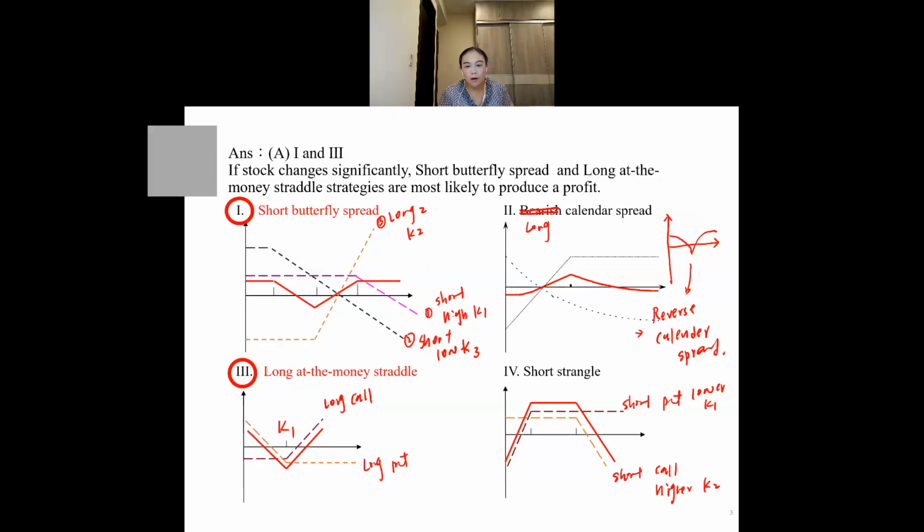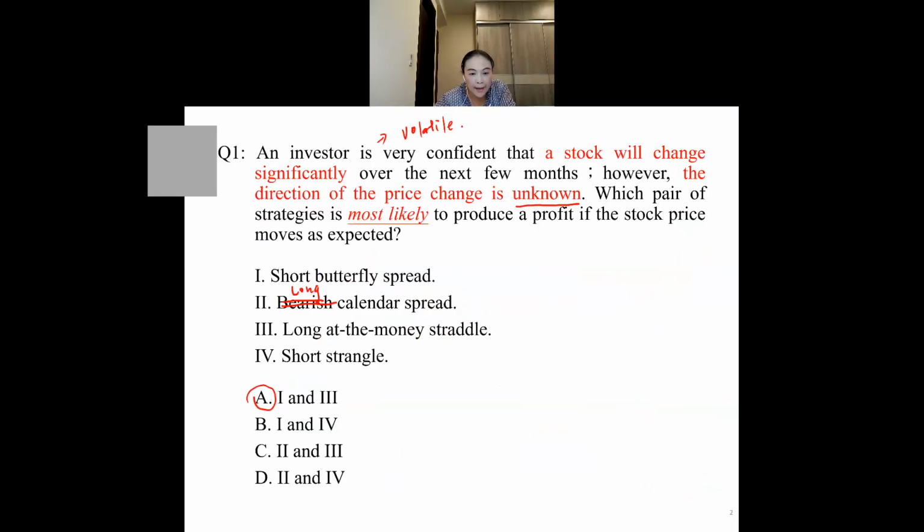Then you are creating a short strangle, which allows you to earn money when the price stays static. So in this question, we want the one that earns money when the market goes really high or really low, very volatile. Therefore, the answer would be A, 1 and 3: short butterfly spread and long at-the-money straddle.